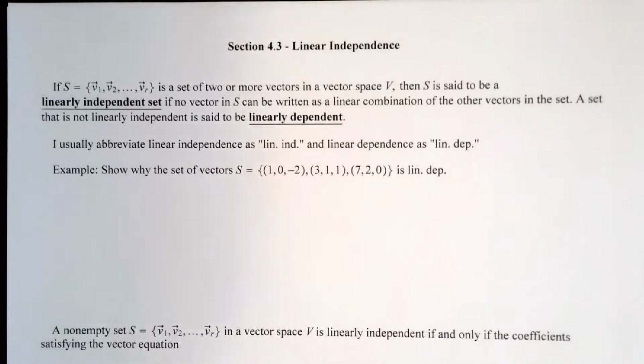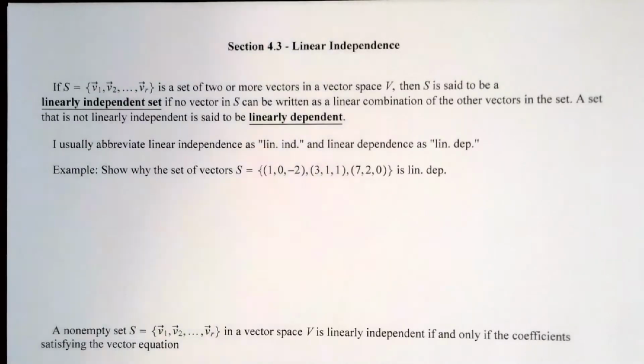So we've got a lot of terms that we'll be defining and then applying in the next few sections. So let's take a look at this first definition, which defines what we mean by linear independence.